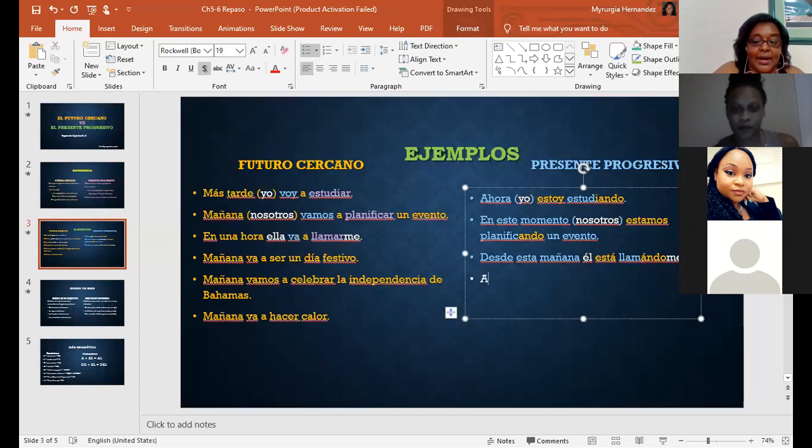Muy bien. Sí. Ahora, so you see, you use time expressions that help you to identify the tense you have to use. So mañana we are going to near future. Ahora it's a present. Ahora estamos, ¿qué?